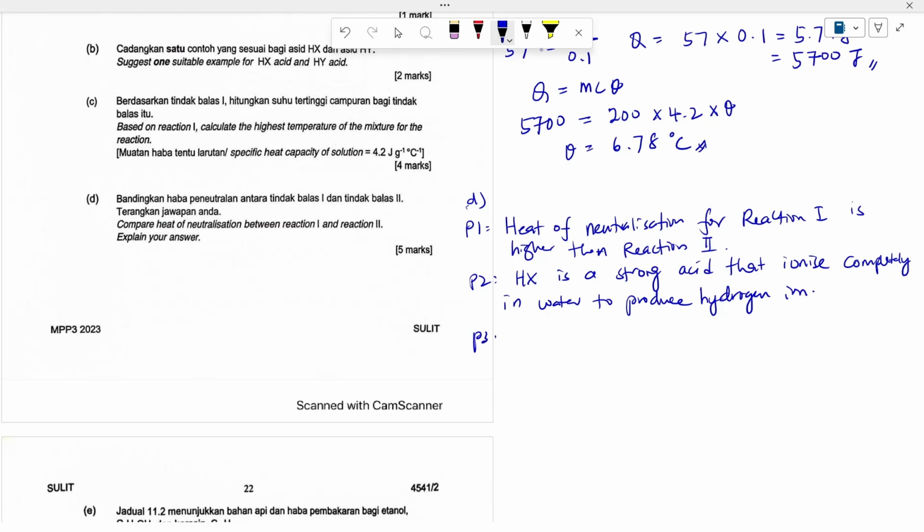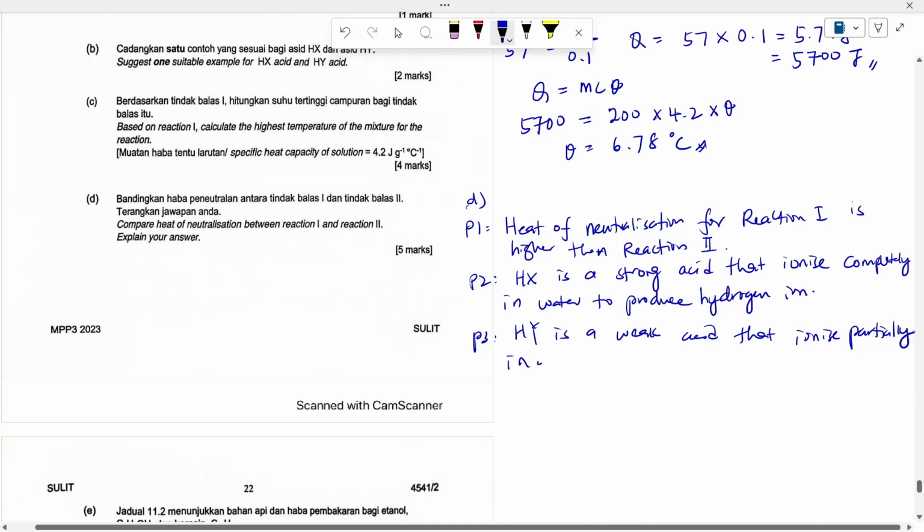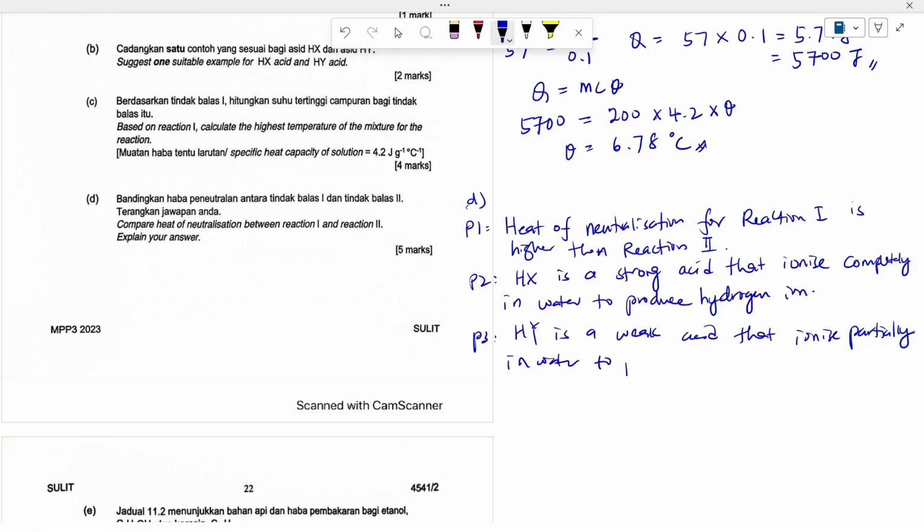Now point number 3: HY is a weak acid that ionizes partially in water to produce hydrogen ions.